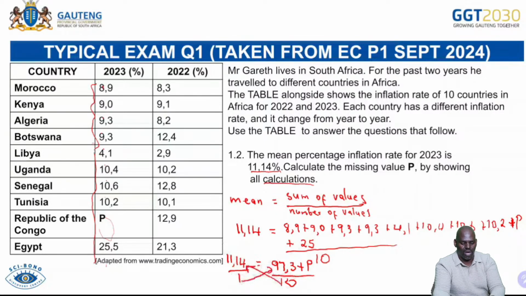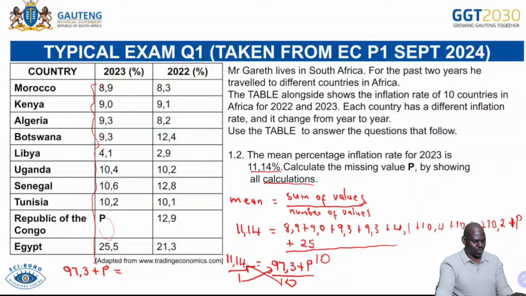So 97.3 plus P equals, if I take 11.14 and multiply with 10, sorry, it's 11.14, I almost made a mistake. 11.14 multiplied by 10, and then I get 111.4.